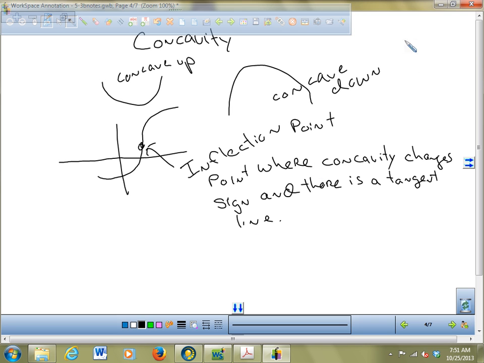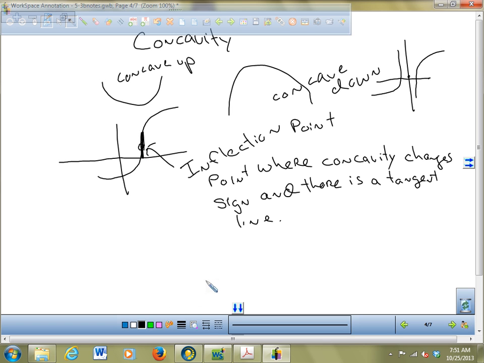So if you have an asymptote here, and it's concave up here and concave down here, you can't really say that the point in the middle is an inflection point, because it has to have a tangent line. What if it goes to infinity? That's okay, because you can have a vertical tangent line if it's straight up and down.